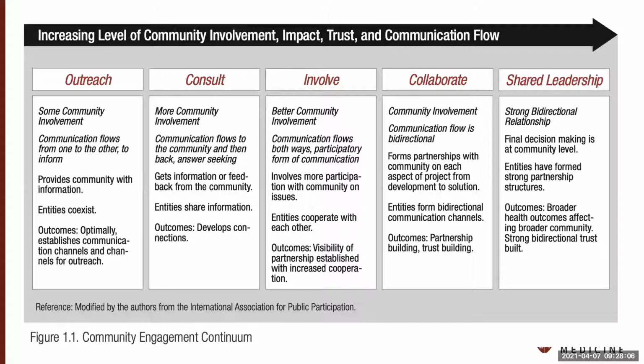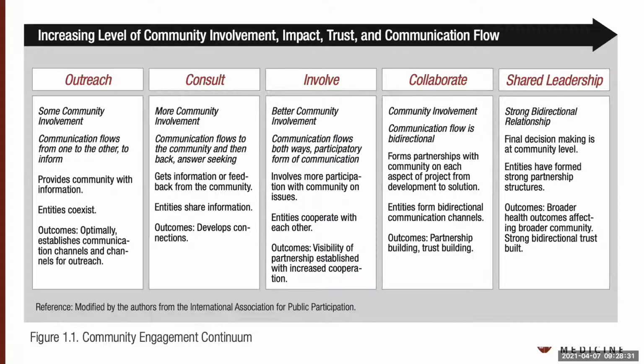So moving down, involving the community, there's more bi-directional communication at this level between your patient stakeholders or community stakeholders and the researchers. You might have, for example, a patient advisory board or a community advisory board that is integrally involved in all phases of the research.